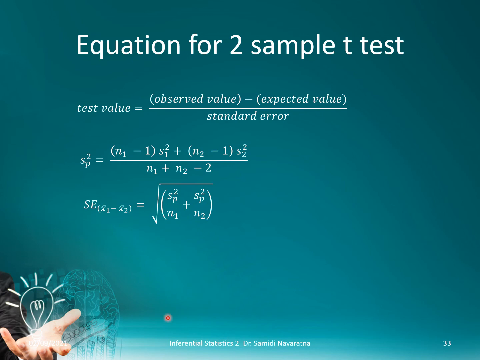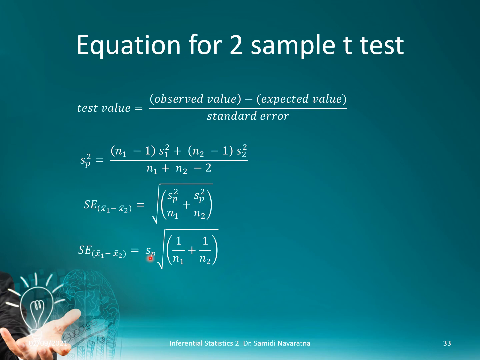So that is the standard error of the difference between means is given by square root of the square of the pooled standard deviation divided by n1 plus the square of the pooled standard deviation divided by n2. So the final equation for the standard error of the differences between two means is this.